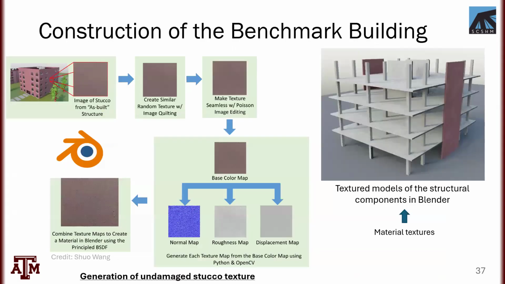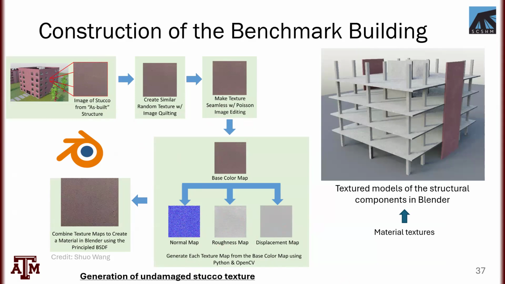And basically what we did was, to build a photorealistic digital twin model, we first had to derive some sort of accurate material texture. So we found pictures of stucco on Google. And then within our Blender environment, we were able to create various textures, a normal map, a roughness map, a displacement map.